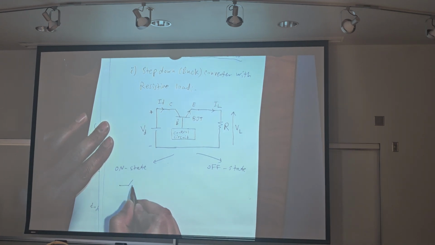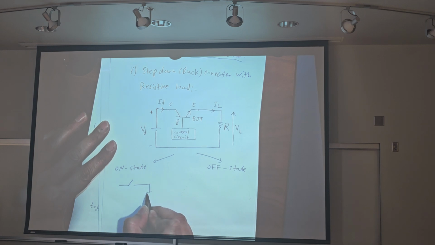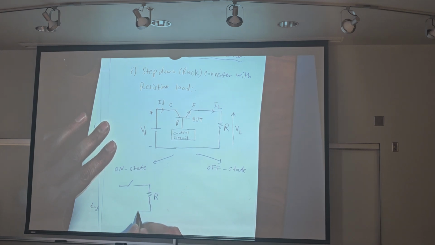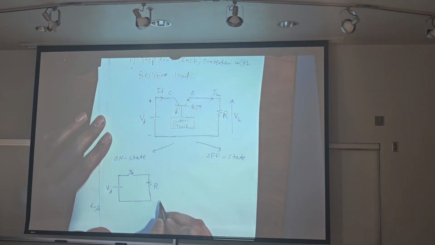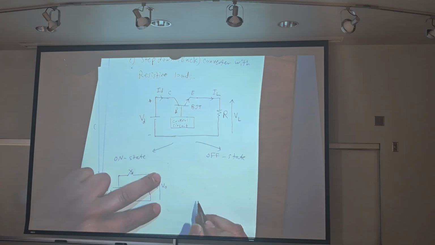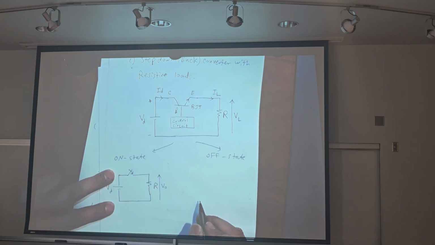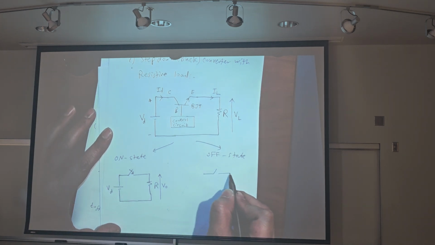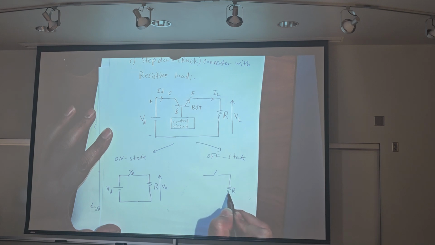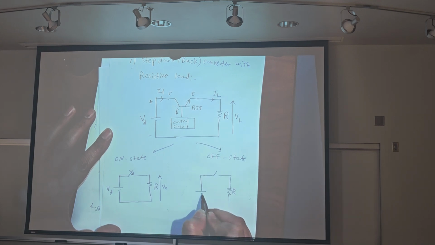In the on state, when the switch is on, it is a short circuit, so V out equals VD. In the off state, the switch is an open circuit.